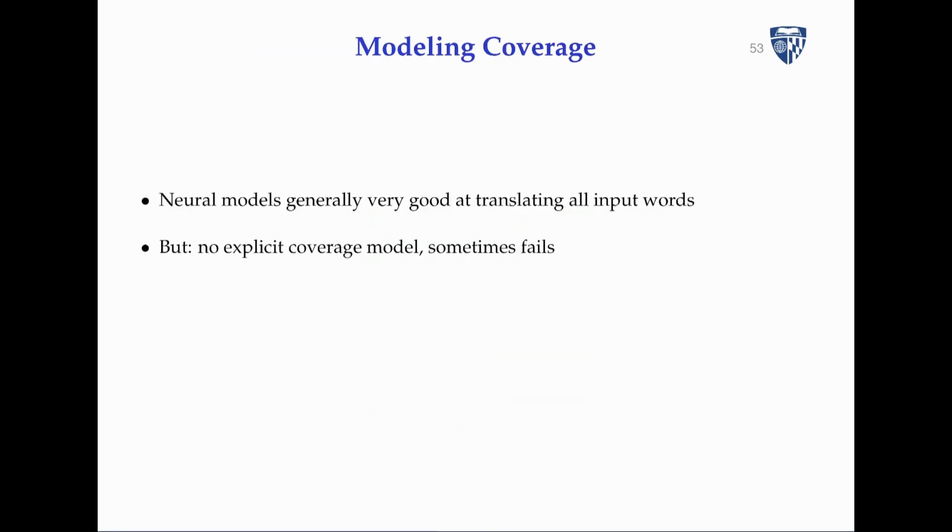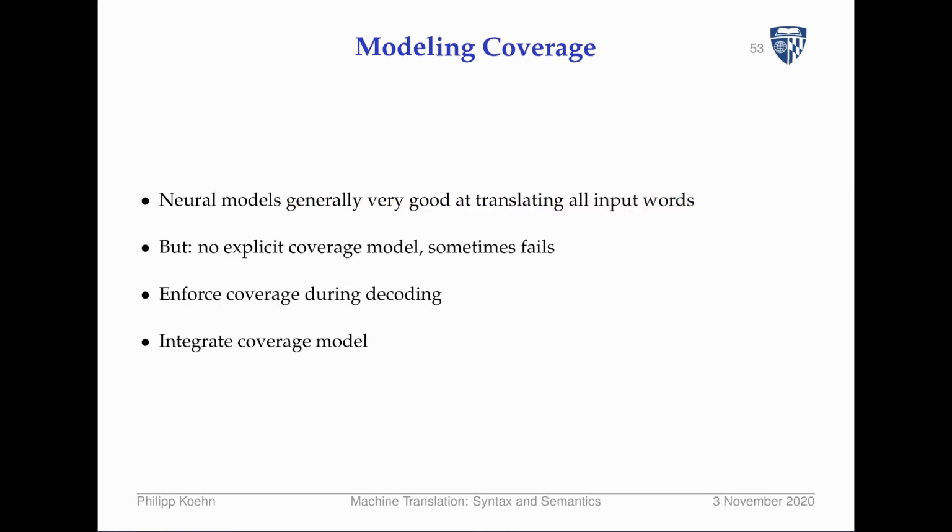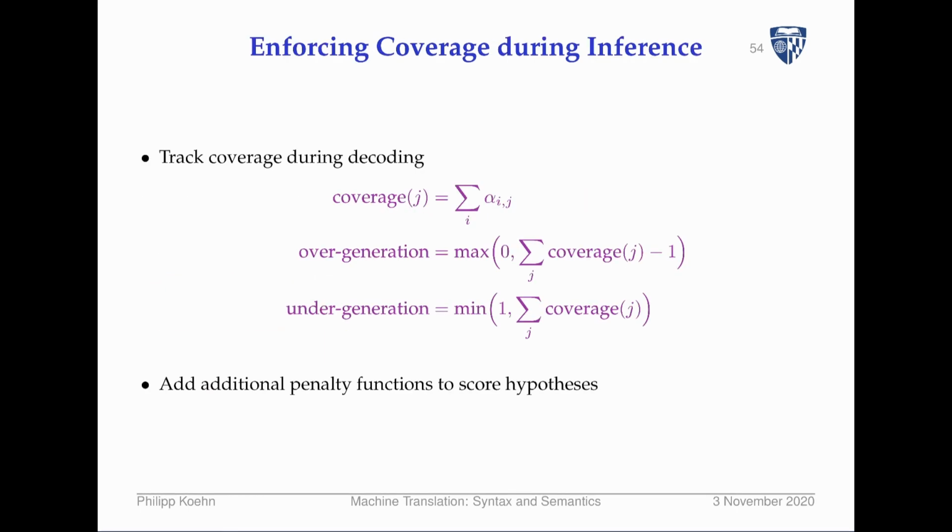I have to say that neural models are generally very good at translating all the input words, but since they don't have an explicit coverage model, nothing really forces them to do that, as we did in statistical machine translation. It does sometimes fail. So the idea is either to enforce coverage during decoding or integrate a coverage model into the neural model.